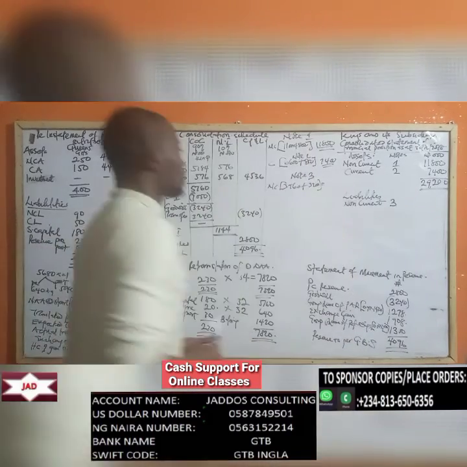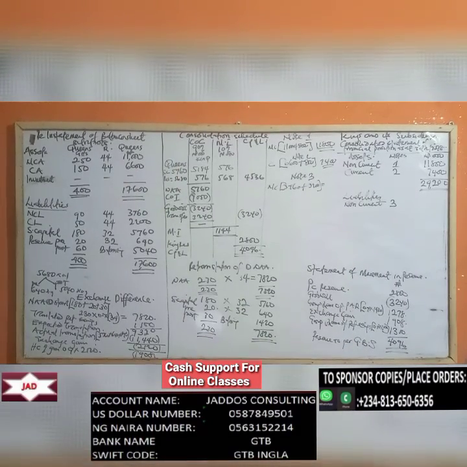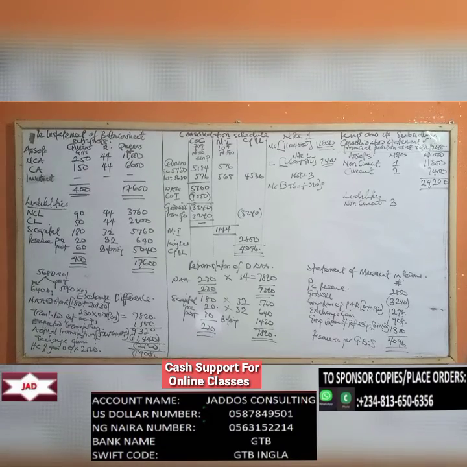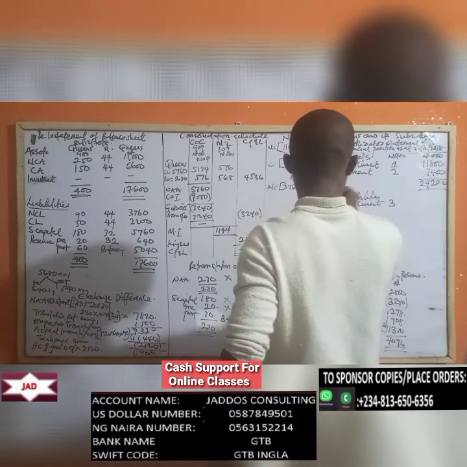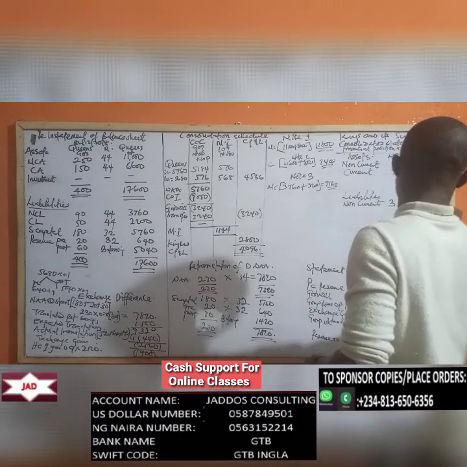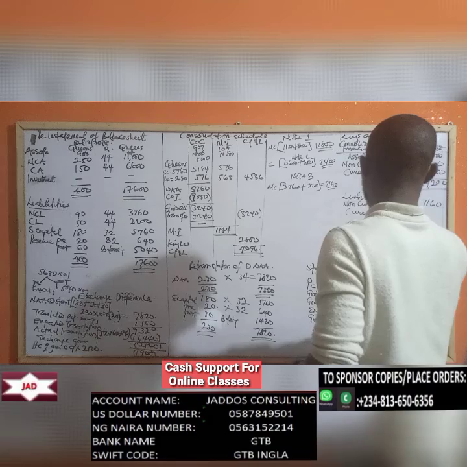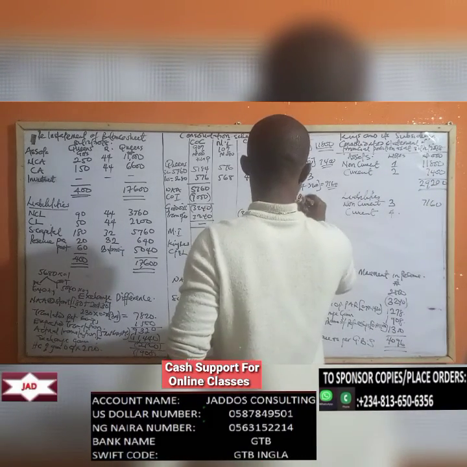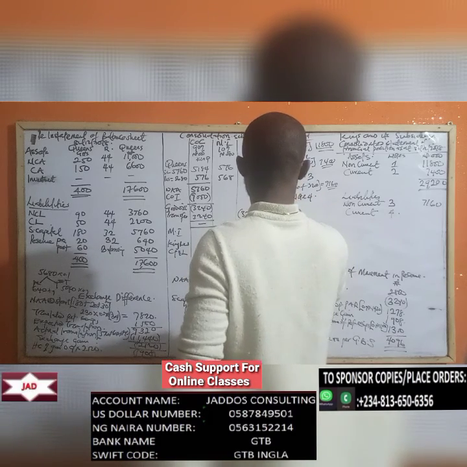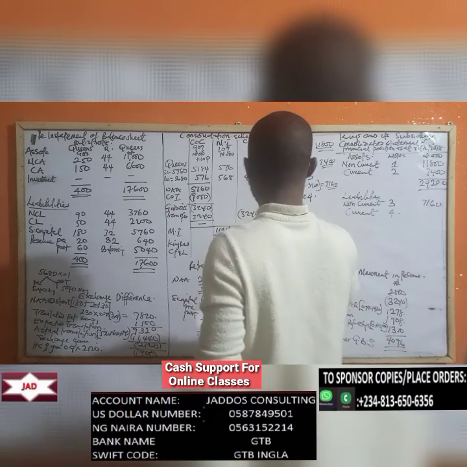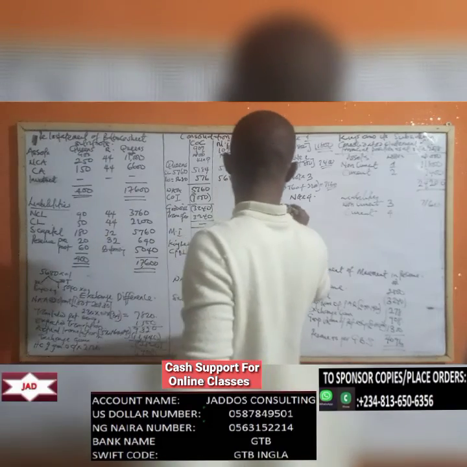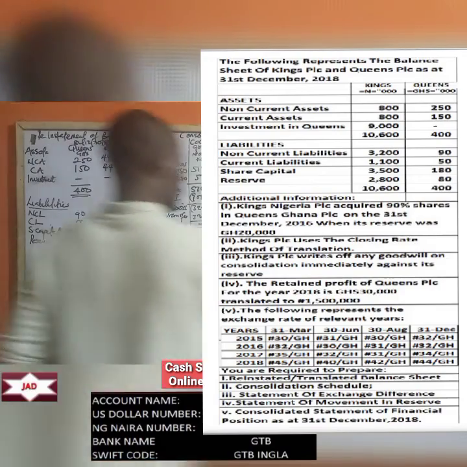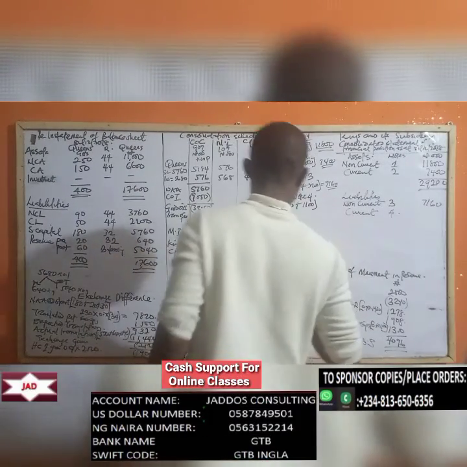So 3,960 plus 3,200 is $7,160. Current, note 4. $2,200 plus Kings' 1,100. That should be 3,300.